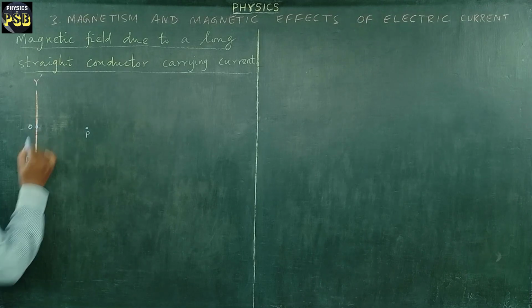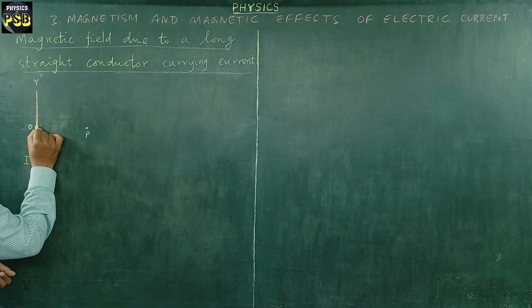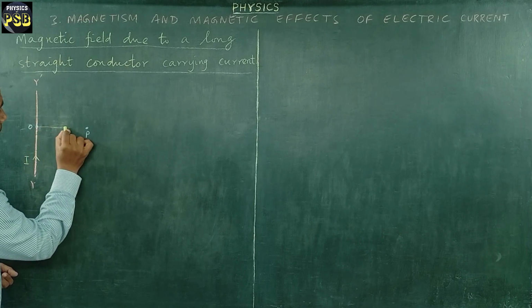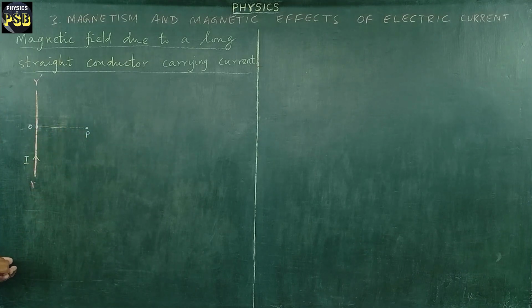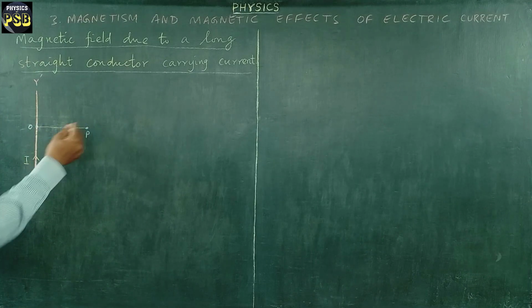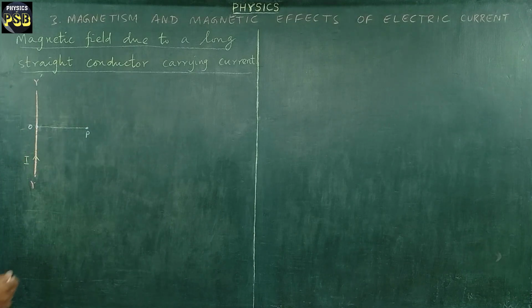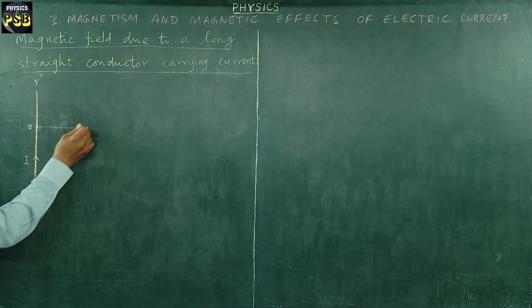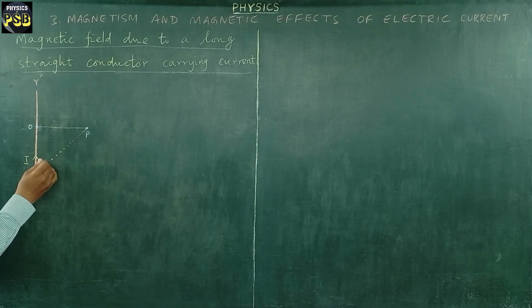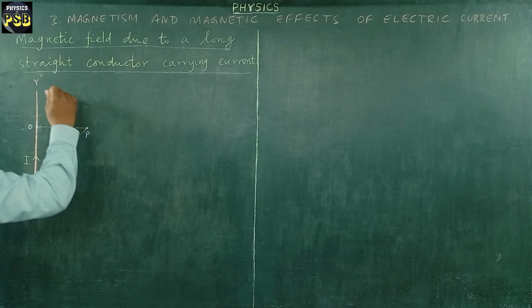First, I connect this point O with P this way, then P is connected to Y and Y dash this way.